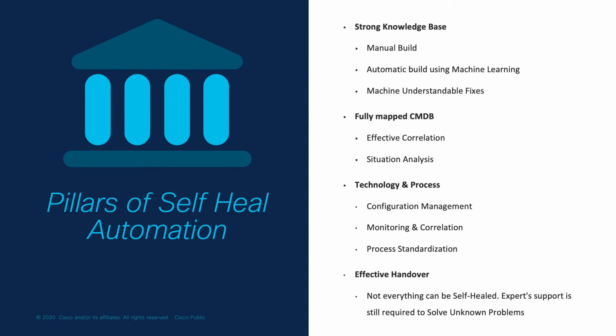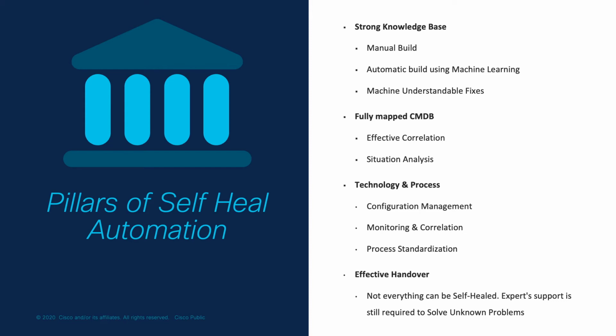The second thing, to automate this particular piece, we can also look at machine learning. We can provide the past case histories to the machine learning algorithms where it can identify the corresponding problems and corresponding solutions. The important thing to keep in mind is that whenever we are building such things, the corresponding solutions should always be machine understandable fixes so that both humans and machines can use that and fix a particular problem.